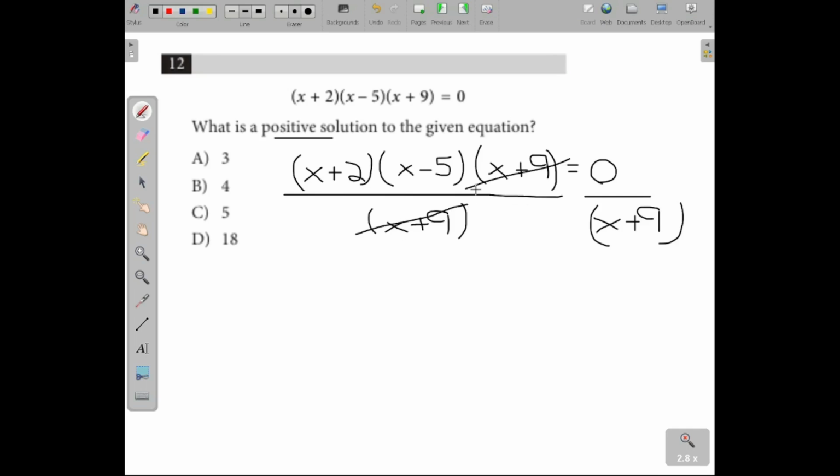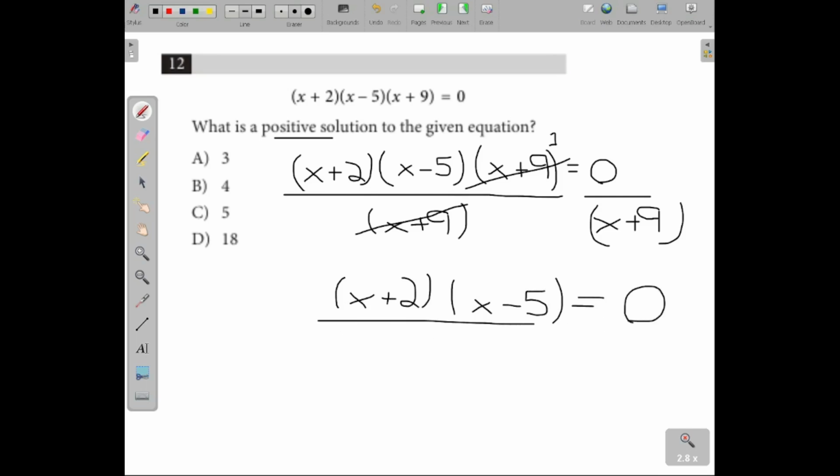Here, the x plus 9 divided by x plus 9 will become 1, and 0 divided by x plus 9 will be 0. So we'll only have parenthesis x plus 2 times parenthesis x minus 5 equal to 0.